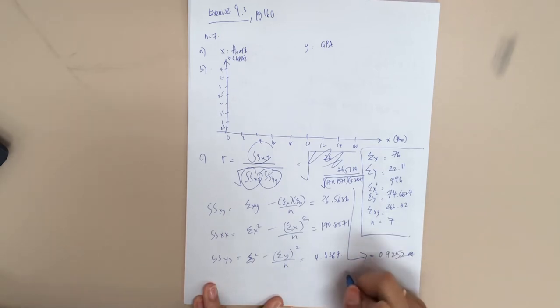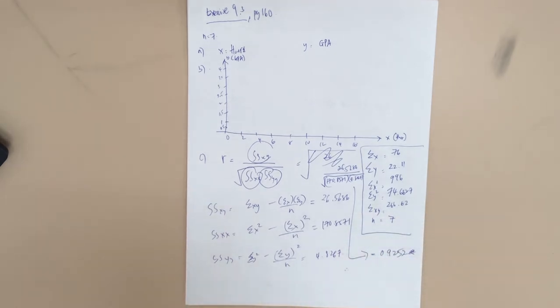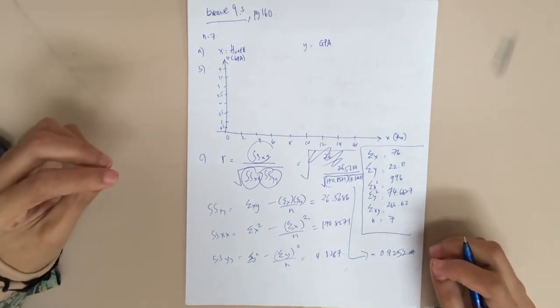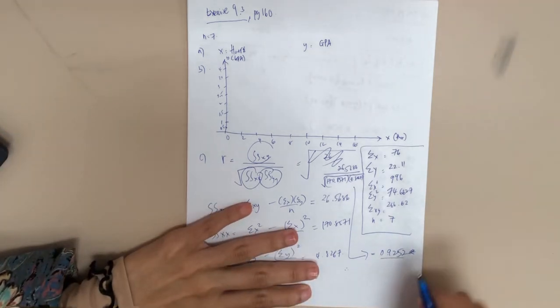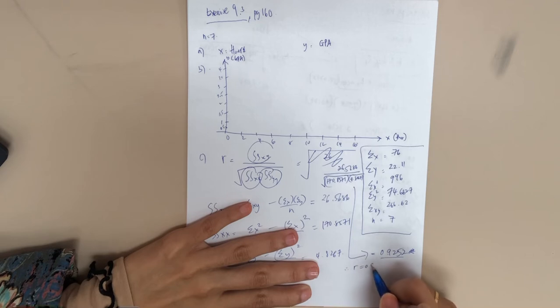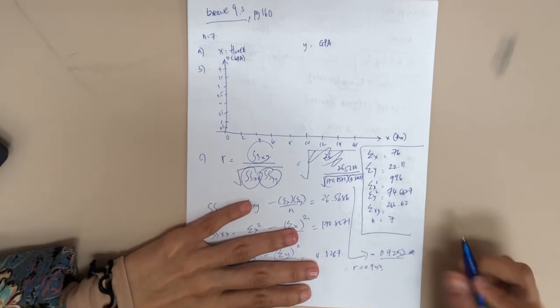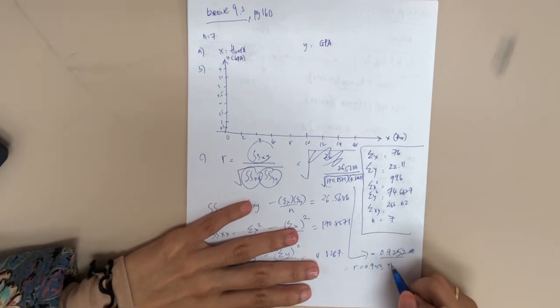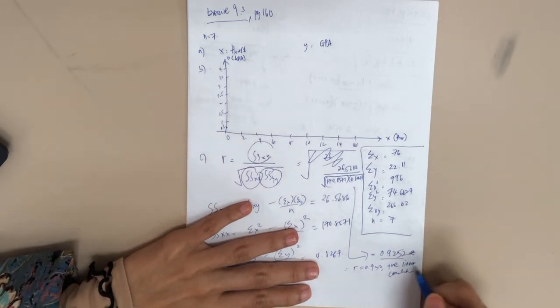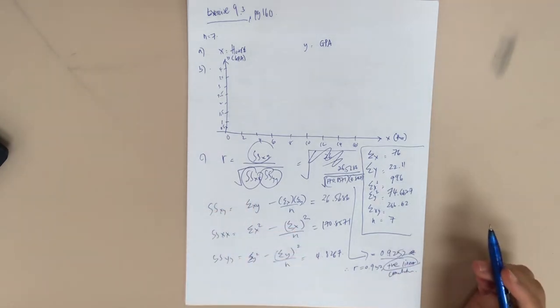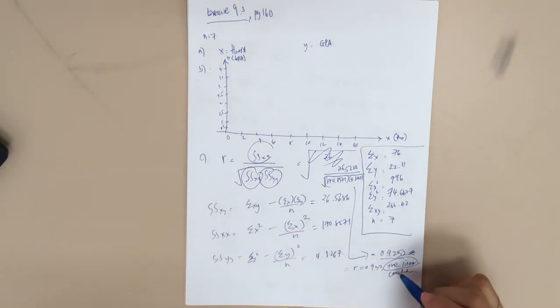So make sure you write the last word, the conclusion. Since your R is 0.9252, therefore this is a positive linear correlation. I'm suggesting that you write this.